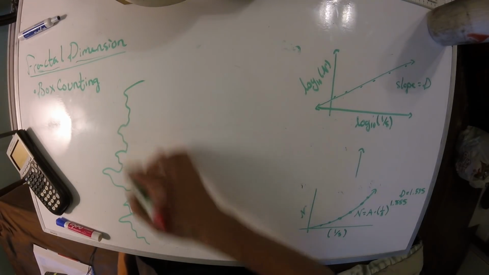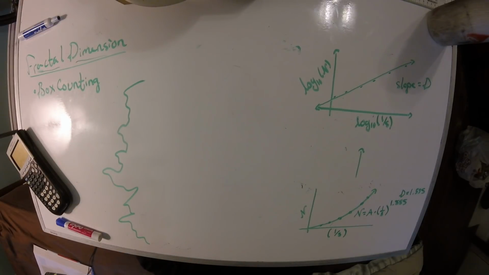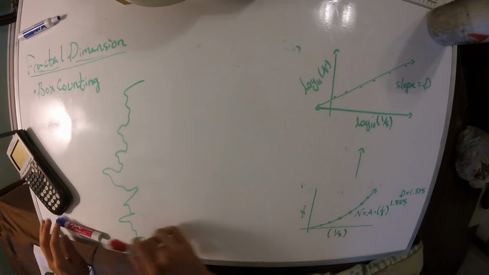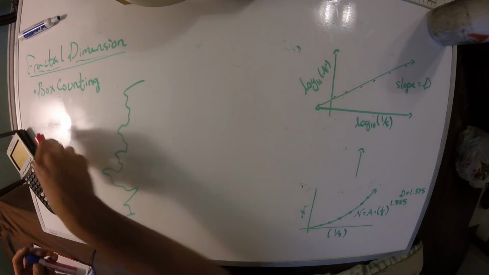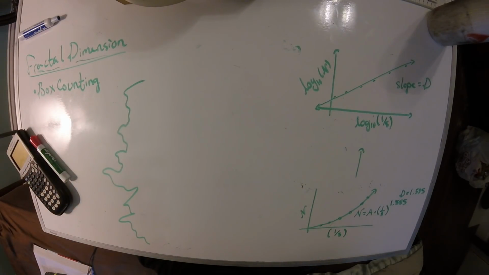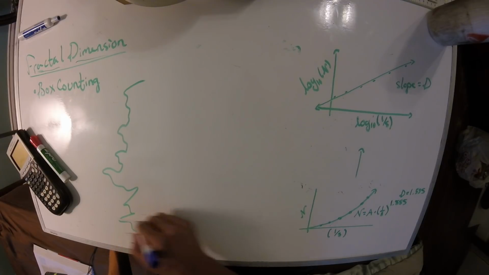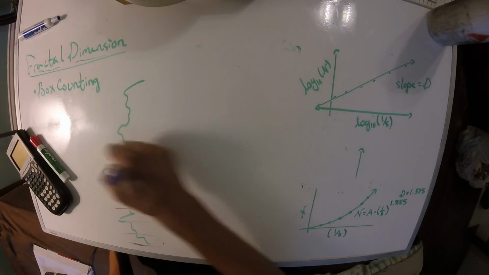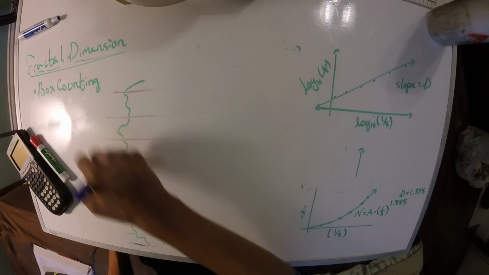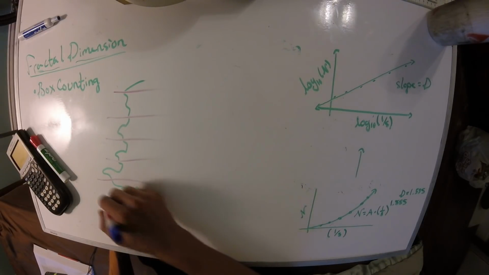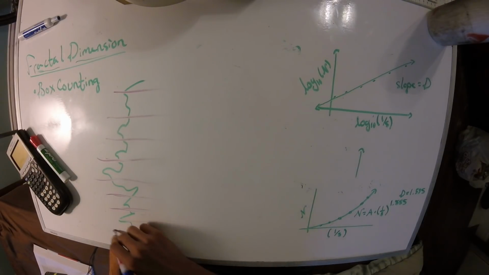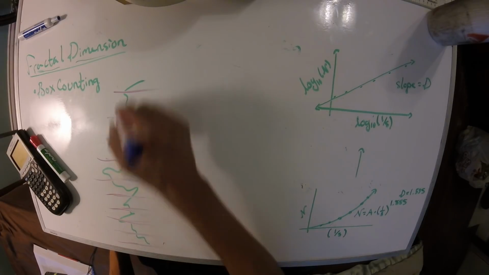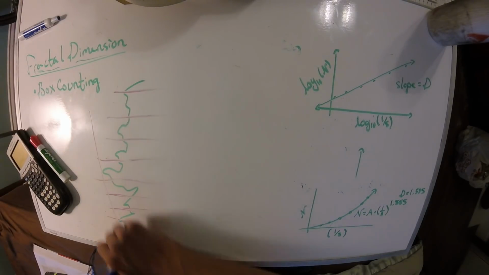And as you zoom in, the roughness continues. You continue to see more and more roughness as you zoom into these things. It doesn't really get smooth as you zoom in. So you cover it with boxes. They're all the same size, even though I'm drawing them haphazardly and you can't really tell that they're all the same size. They are, trust me.